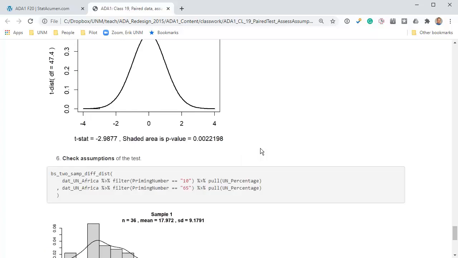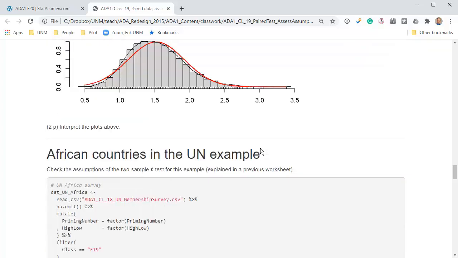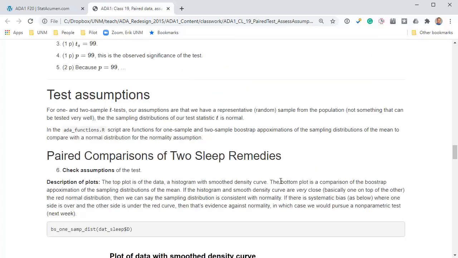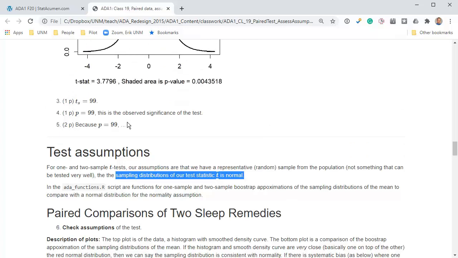And I think what I stated earlier, right, we need basically a random sample from the population so that the sample represents the population, and we need the model assumptions met. In this case, the sampling distribution is normal. If those are met, then you can feel good about the conclusion that you make for a hypothesis test.